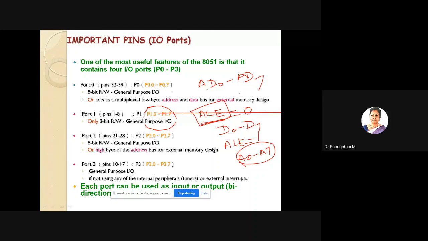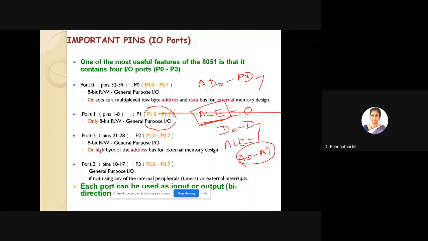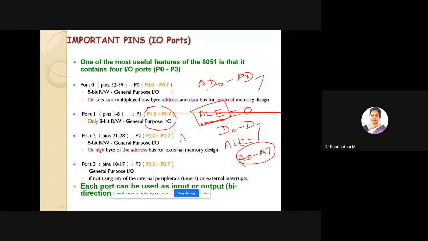When external memory is connected, P2 lines are used as the higher order address bus, that is A8 to A15, to access external memory. Here, when external memory is connected, the size of the address bus in 8051 is 16-bit.